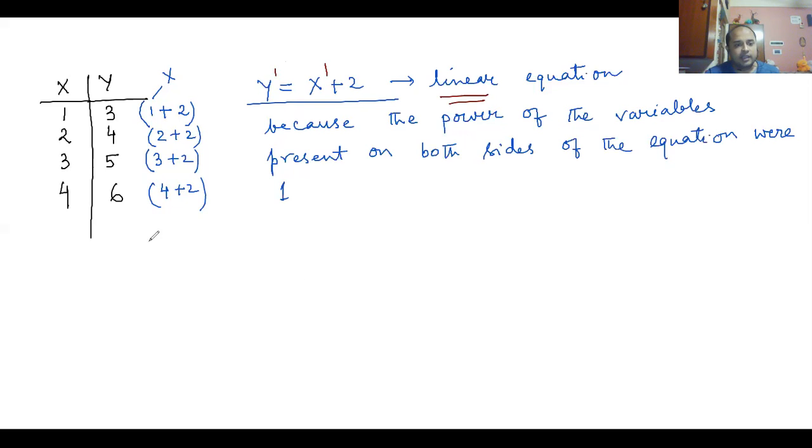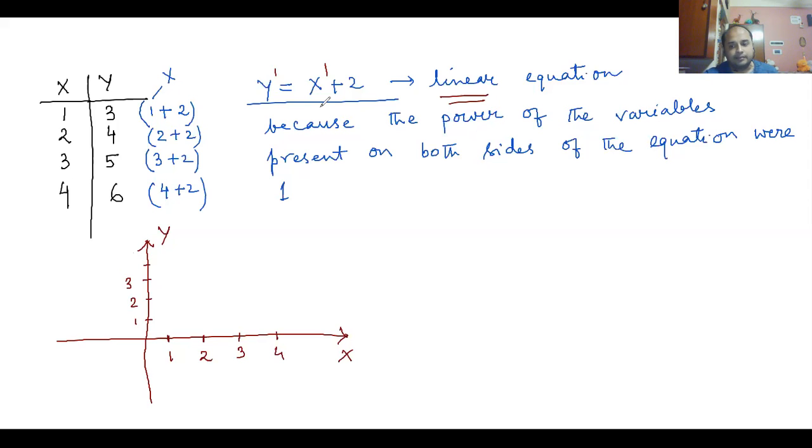And you see, if you plot the figure, suppose this is your capital X, that is your capital Y, and let us plot these points. If this is your 1, that is your 2, that is your 3, this is your 4, and similarly we get this to be 1, this to be 2, this to be 3, this to be 4, and let me write two more points.